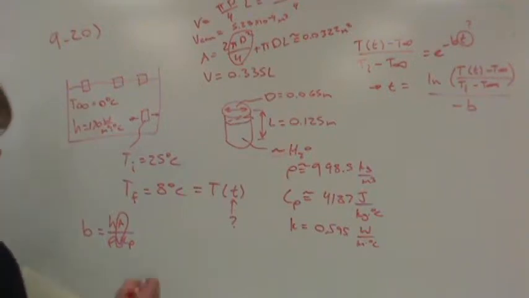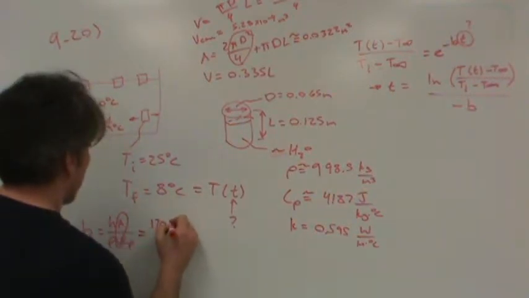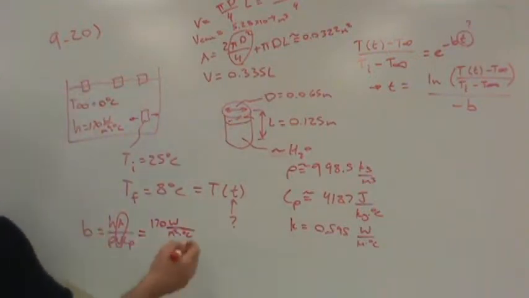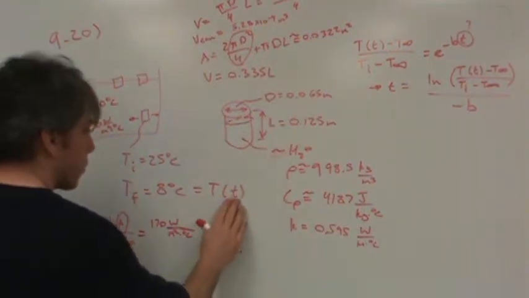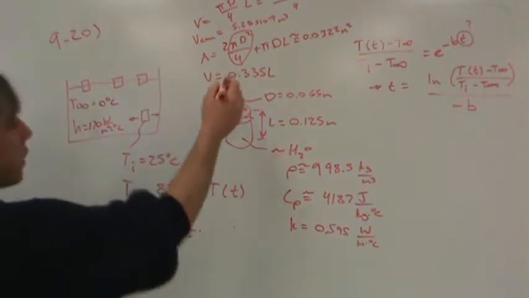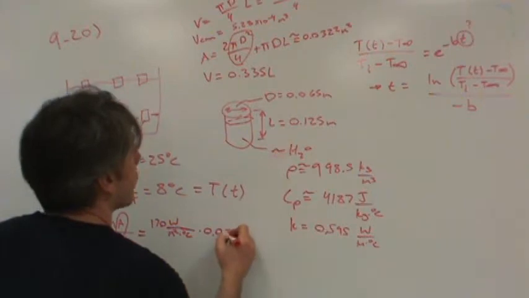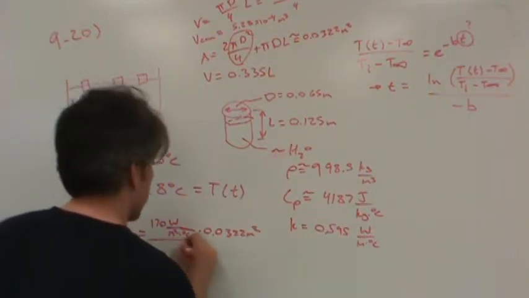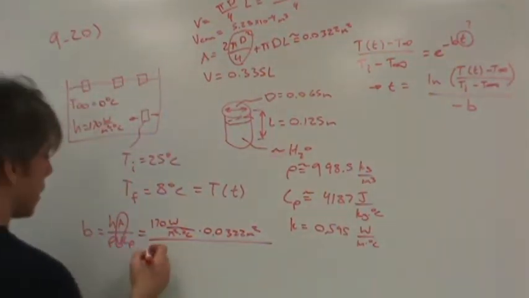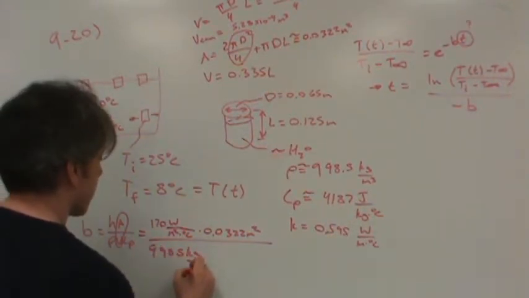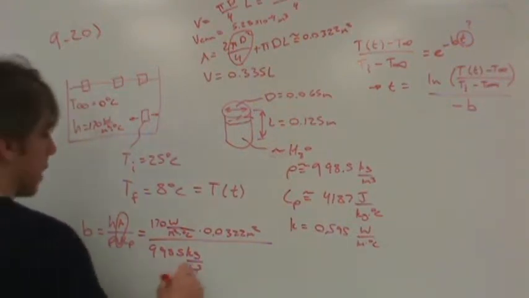So the B parameter we're going to get here will be slightly different than what I have in my notes. Anyway, let's use the convective heat transfer coefficient, 170 watts per square meter per degree Celsius, times the area. The area will be 0.0322 square meters, divided by the density, 998.5 kilograms per cubic meter, multiplied by volume.